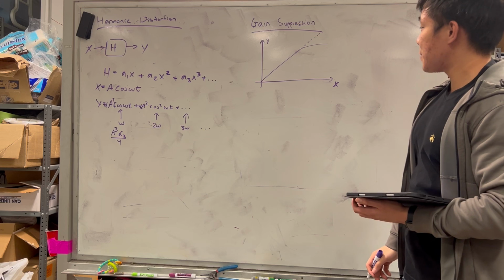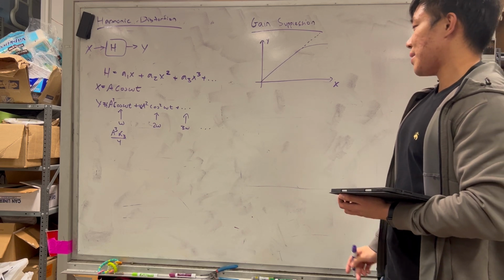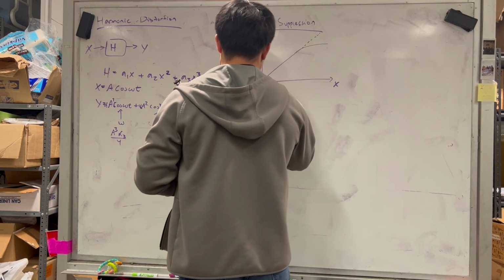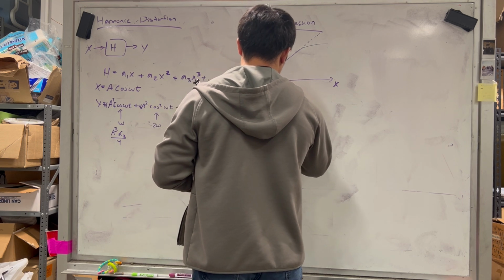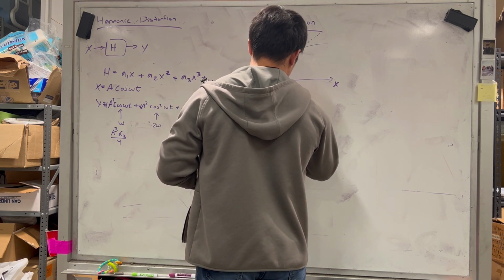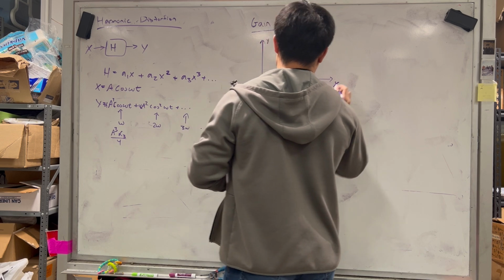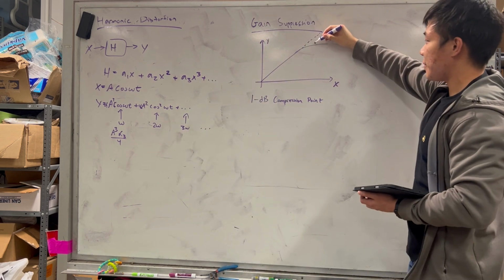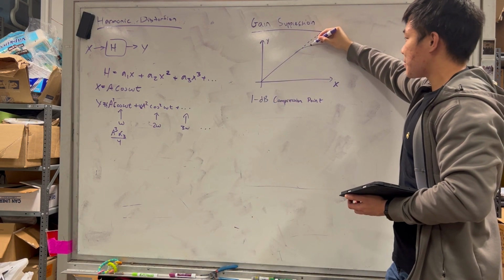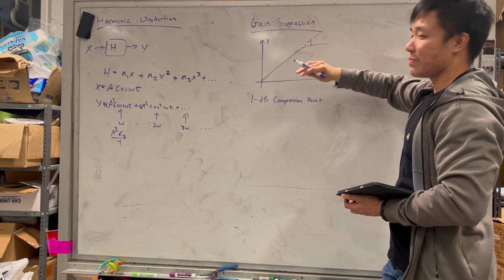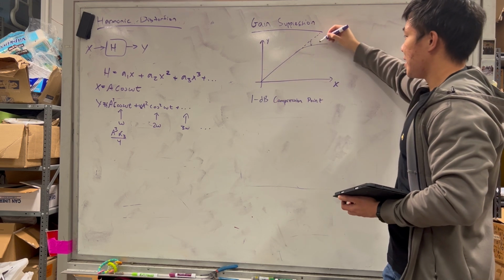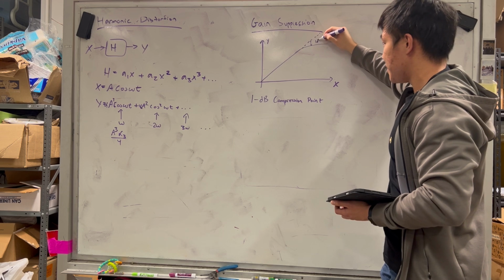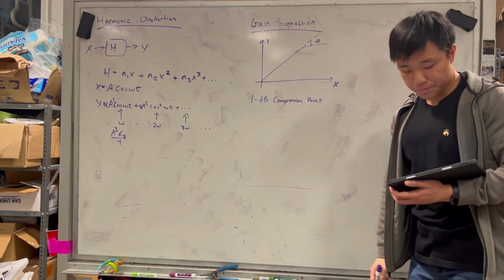So there is a measurement that we use in RF applications called the 1 dB compression point. Now what is that point? That point is basically when the actual and ideal characteristic of a function differ by 1 dB.